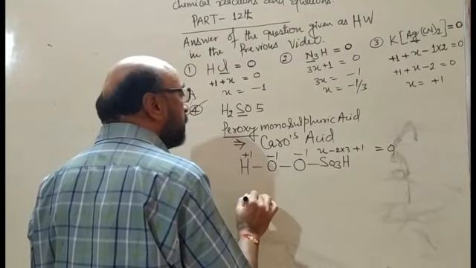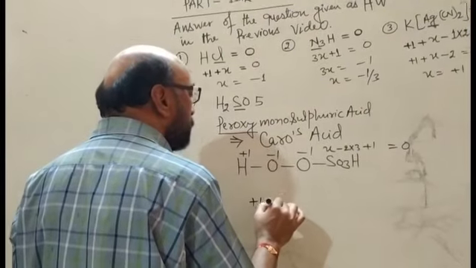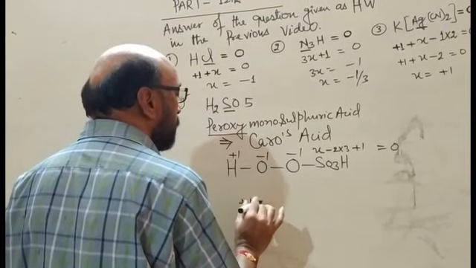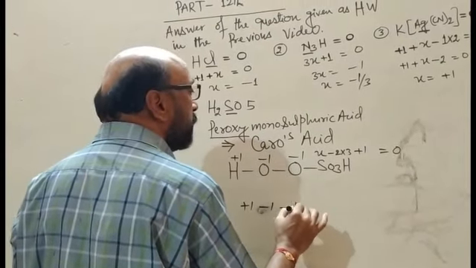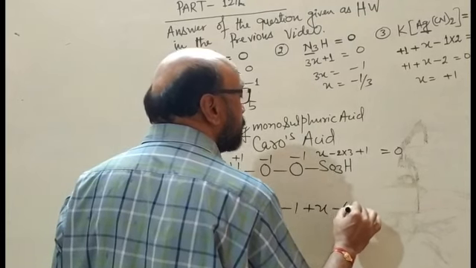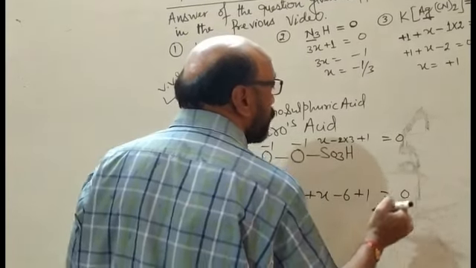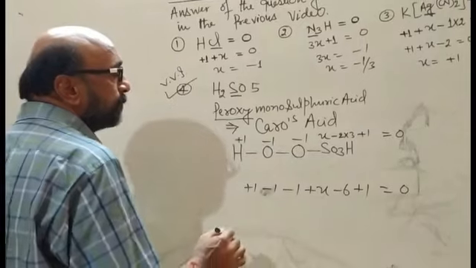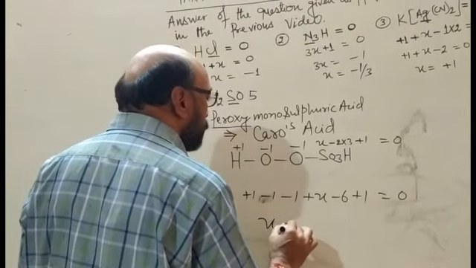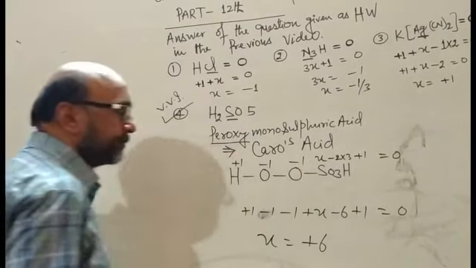Therefore we shall write +1 -1 plus X -6 +1 is equal to 0. So X is equal to +6.